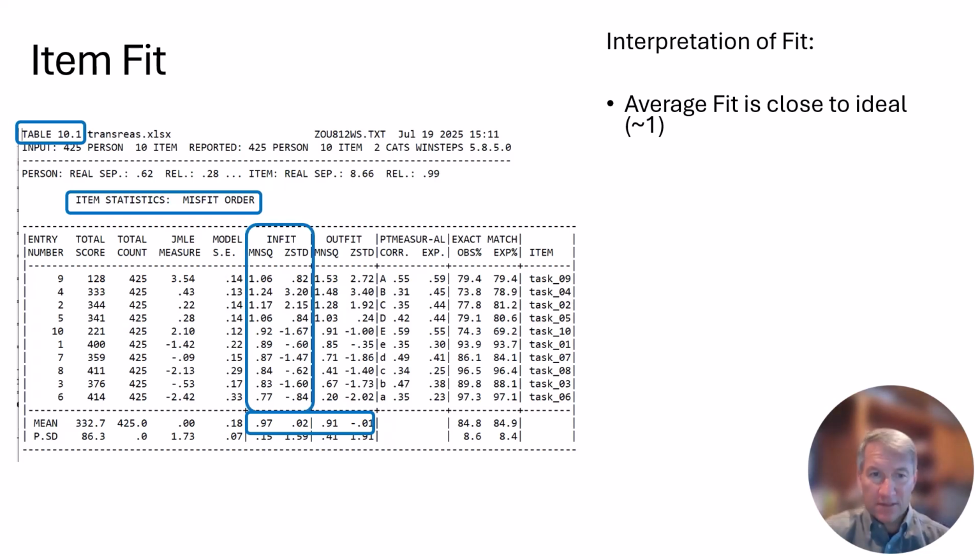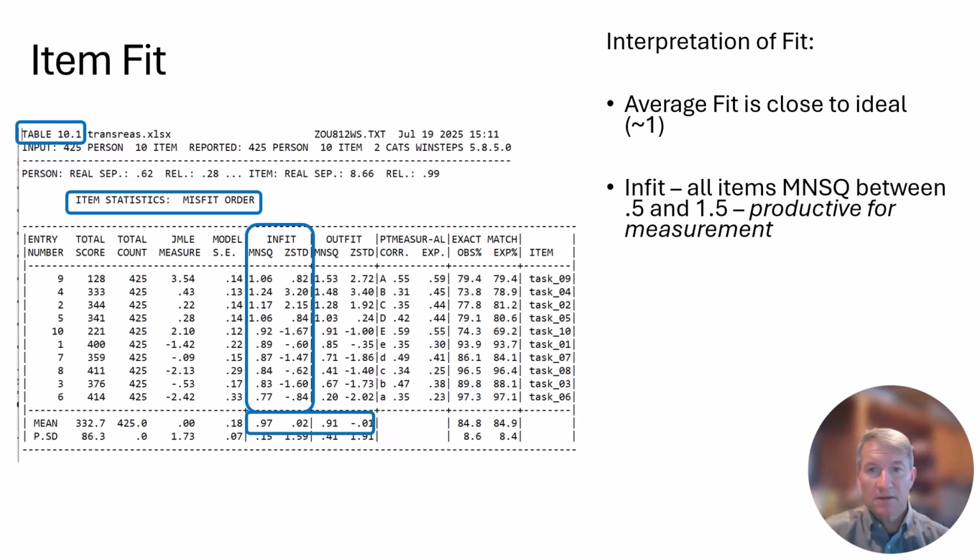Now, if we focus in on infit, we see that all of the mean square values of infit for the 10 tasks or 10 items are between 0.5 and 1.5. So all of these, from the standpoint of infit, are productive for measurement.